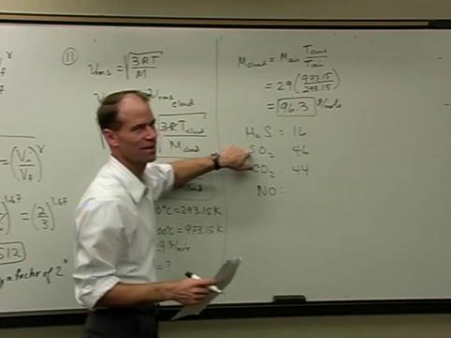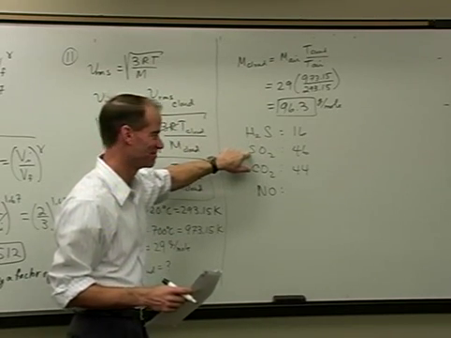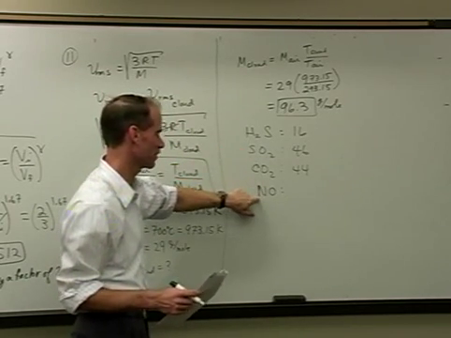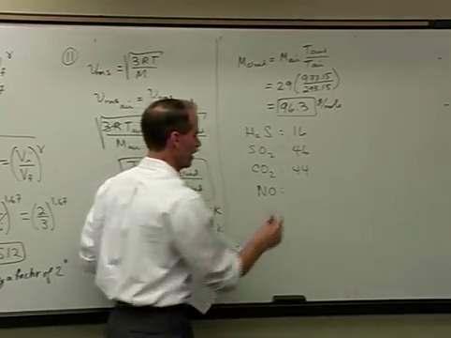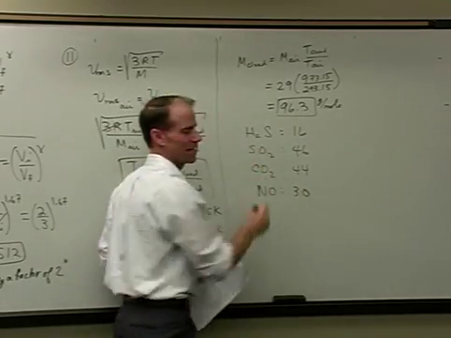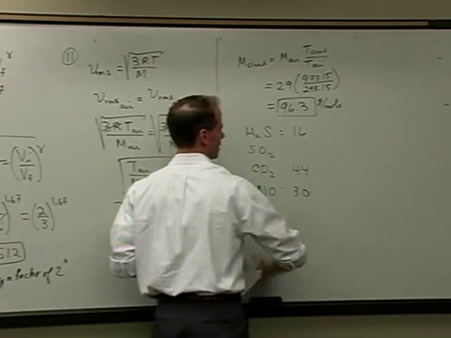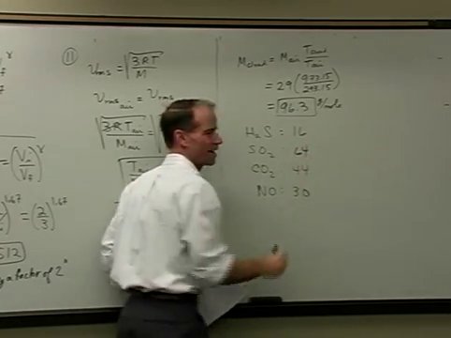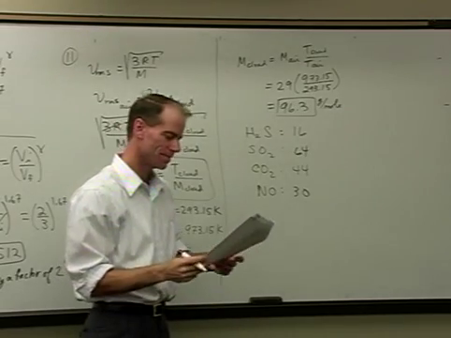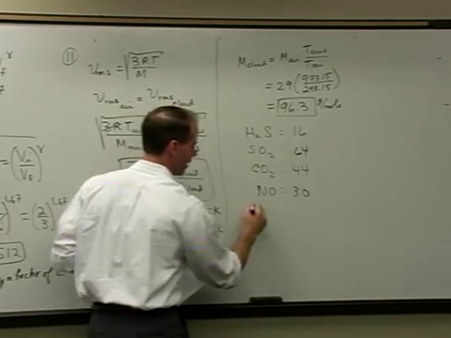Oops, I think I got the sulfur wrong. So better check on that because nitrogen is 14. And that would be 30. I think sulfur is actually 32. So this would be 64. Still not good enough. And we have H2SO4.